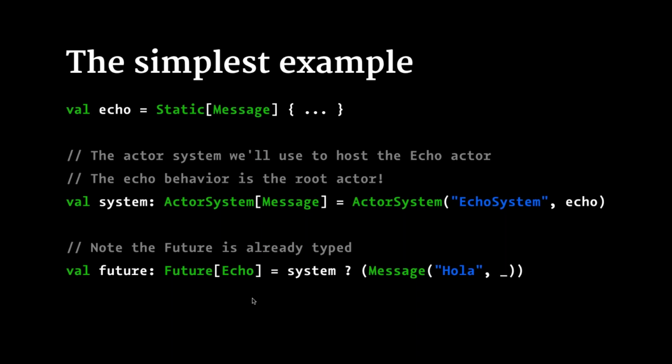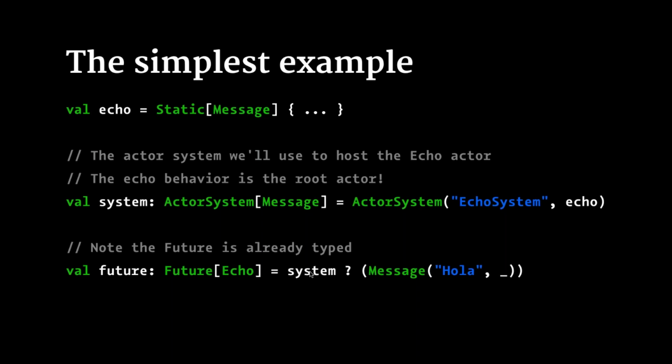I know that when that future resolves, if successful, it will contain an instance of the echo class, because this is how I parameterized my system. So on sending a message using my tell method or my exclamation mark, my bang, I have type safety there. On the ask pattern, I also have type safety because I know what type of messages are coming back.